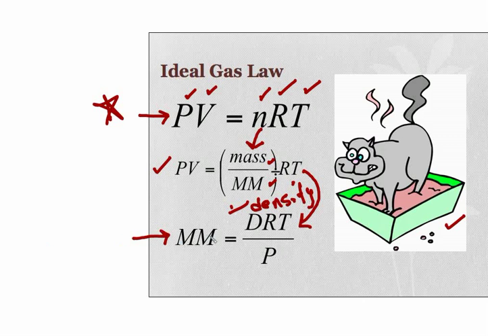And if we then rearrange that for molar mass, we get what I call the meow meow. Not everybody uses MM for molar mass. I like to do that to distinguish it from molarity. So in our class we call molar mass MM, meow meow, because cats put dirt, DRT, over their pee. So it's not given on your formula chart, but if you remember the meow meow equation, it's a simple way to remember that formula.